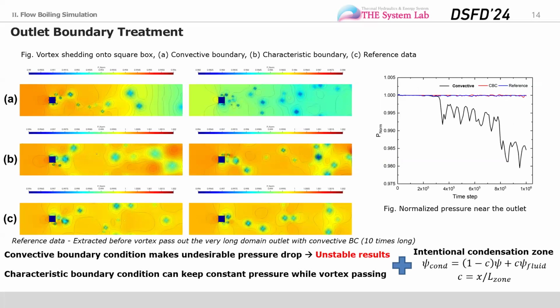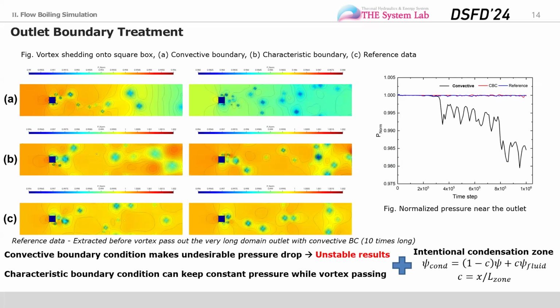To investigate the continuous effect of the outlet boundary condition, a vortex threading onto a square box simulation is conducted. The reference data is extracted before the vortex passes out of a very long domain with the convective outflow boundary condition.